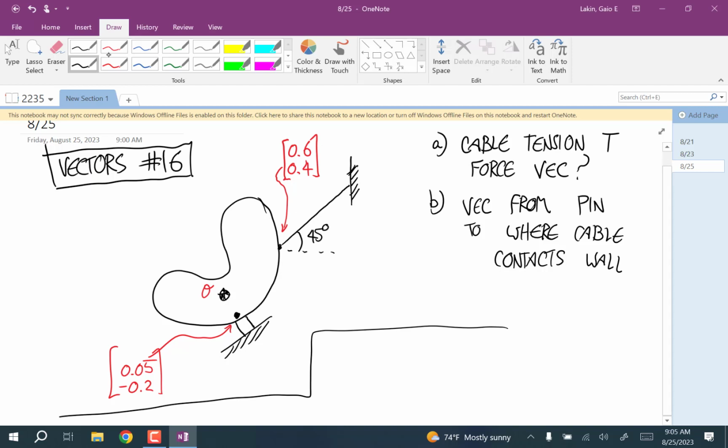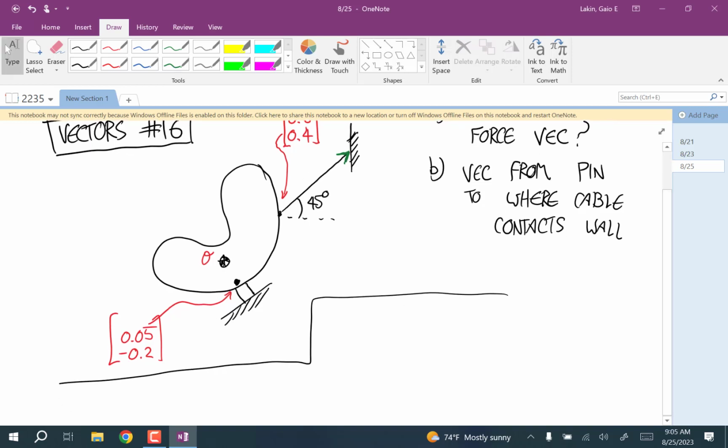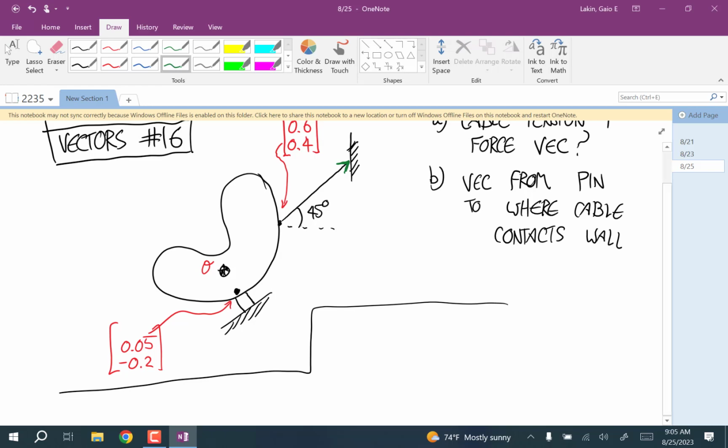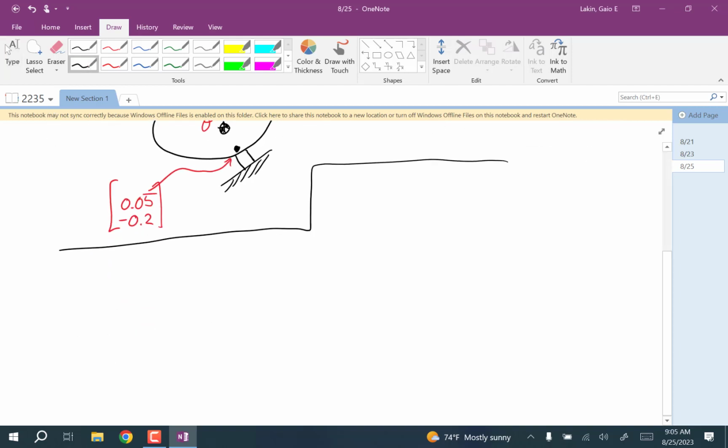Let's do that. So let's think of the force vector. We know it is going to be in this direction, right? Because cables always pull away from objects. And so let's imagine a coordinate system located there, okay? And just calculate the coordinates of the head of the vector. So for part A, there's our coordinate system.